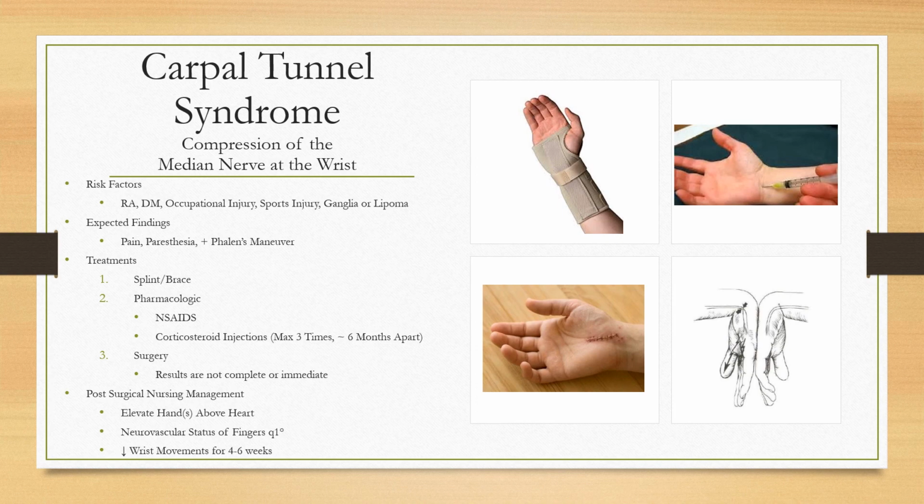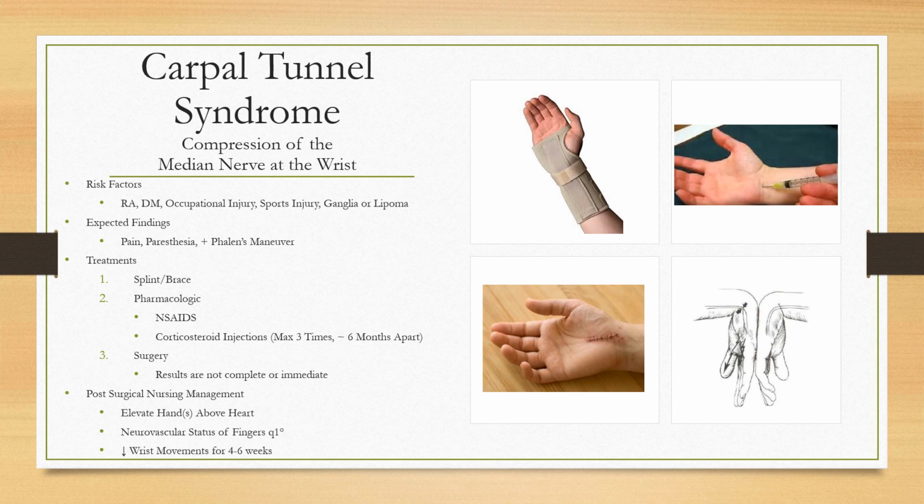Okay, expected findings. Well, the first one is typically paresthesia. You have numbness into your hand because the median nerve supplies sensation to part of your thumb, your first finger, your second finger, and half of your ring finger.